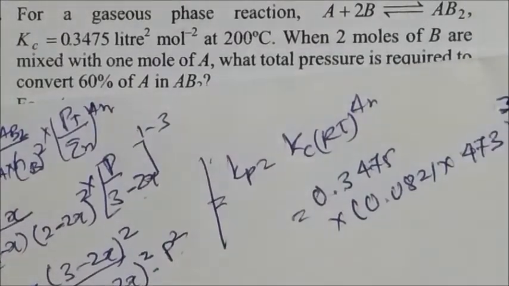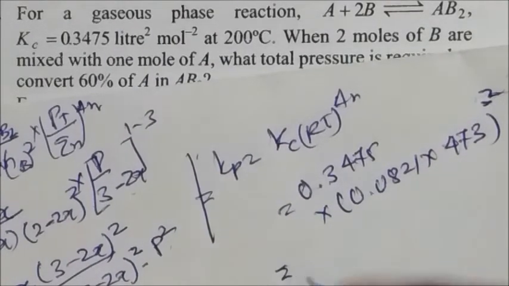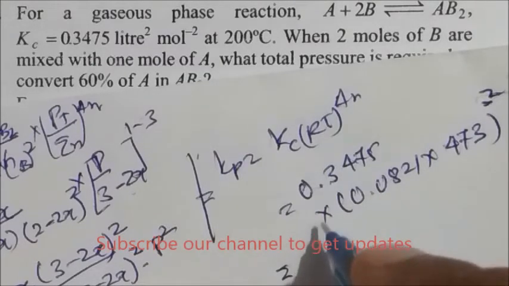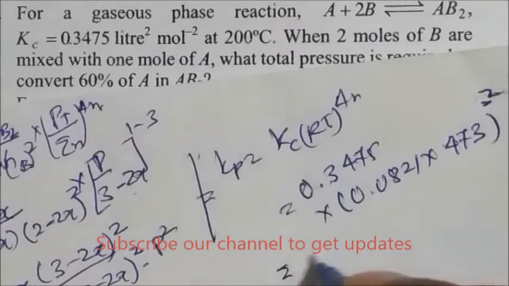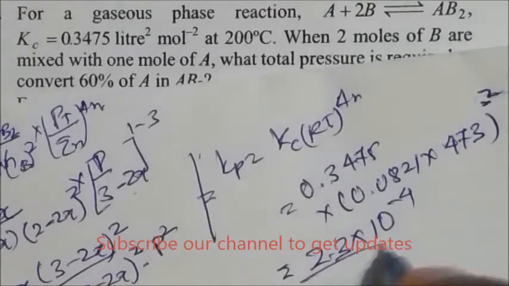If you solve it, you will get the Kp value. This value is 2.3 into 10 to the power minus 4. This is the Kp value.